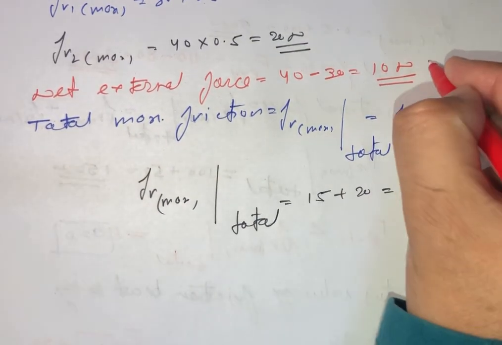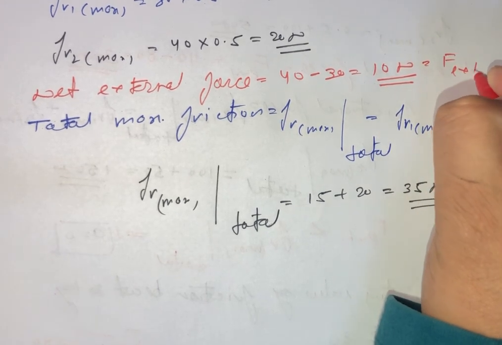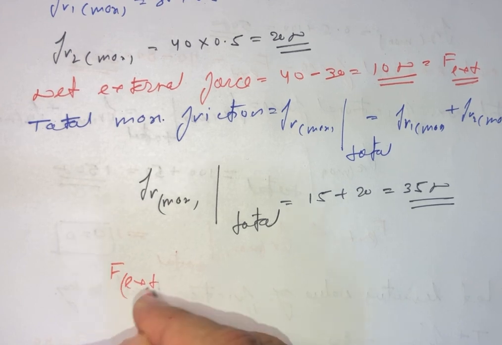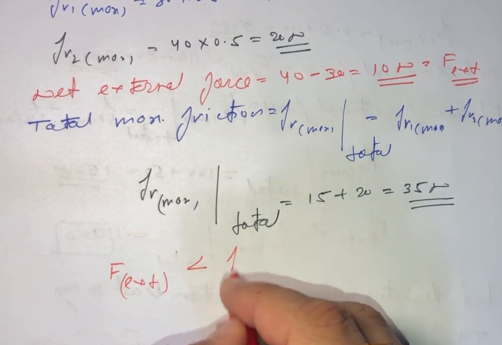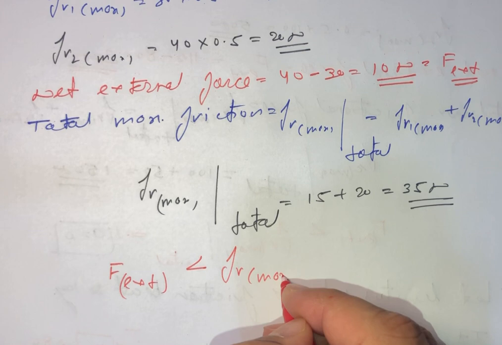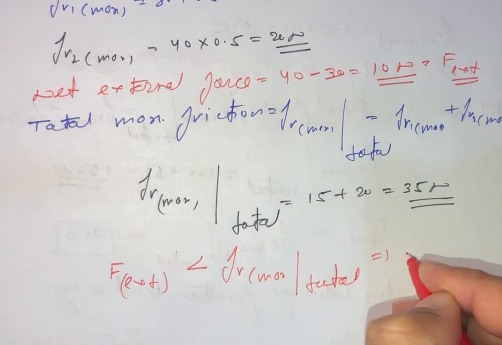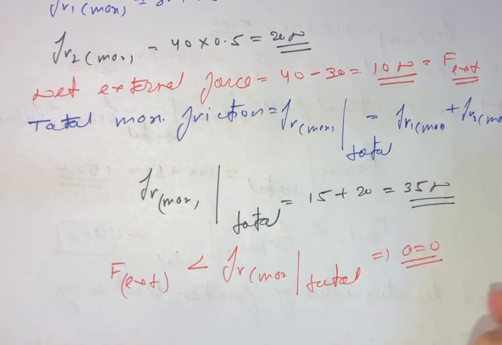Let us call this F external. You can see that F external is less than FR max total, which clearly means that extension is equal to 0.